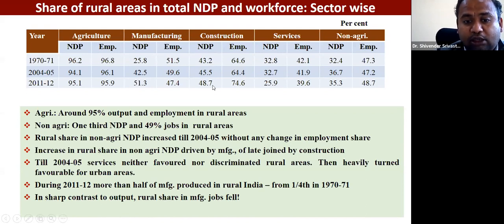So it means that most of the persons who are leaving agriculture and joining non-farm sectors are not going to the manufacturing sector, but to the construction sector over a period of time. It means that an agricultural laborer, if he is quitting cultivation, then he is going to real estate and working as a casual laborer or something.